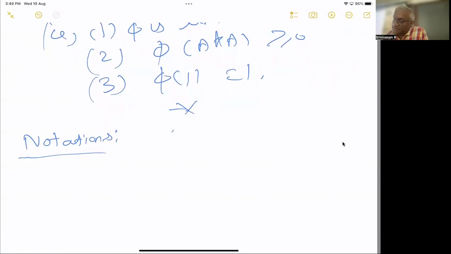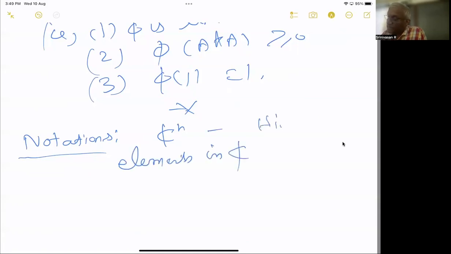So Cn, you know what Cn is? It's just an n-tuple. Cn is a Hilbert space. It's just a finite dimensional vector space over the complex field, n-tuples. I call it a Hilbert space because it has an inner product, which I am going to define.